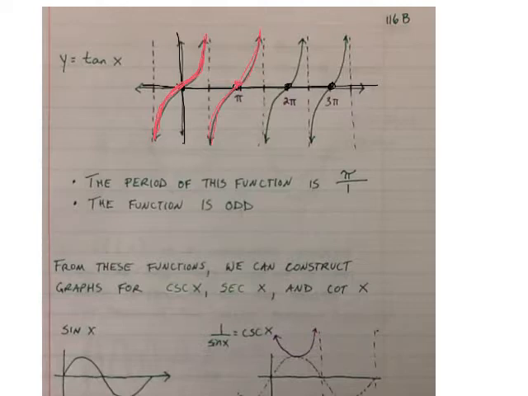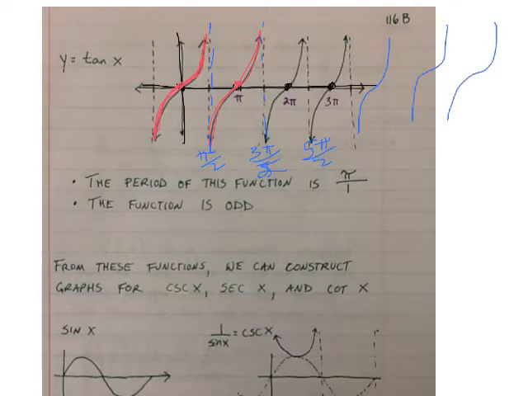We get vertical asymptotes at the values of pi over 2, 3 pi over 2, 5 pi over 2, 7 pi over 2, etc. This pattern repeats endlessly. Unlike sine and cosine, the period for this function is pi divided by 1.